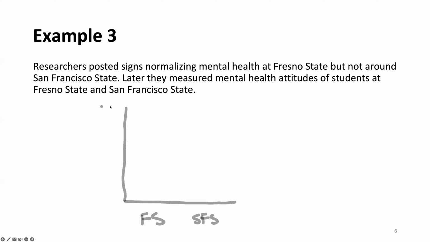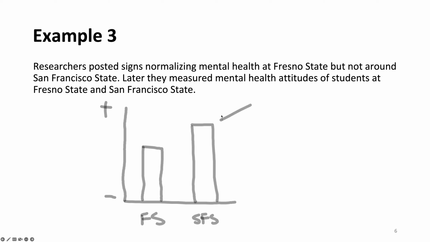And I'm going to say this is our positive, negative attitudes toward mental health. And we're going to say that San Francisco has more positive attitudes than Fresno State after this study. So what explains that? Are we confident that it's our signs, that it's our independent variable that had an effect on San Francisco State?